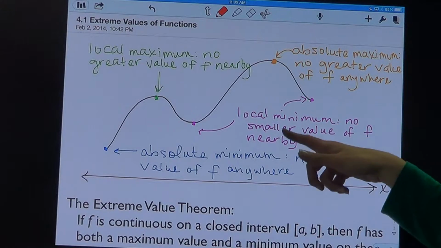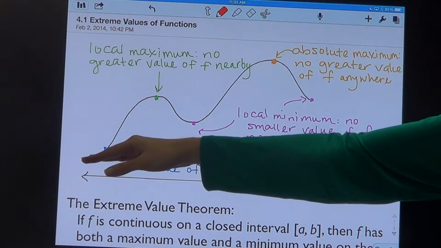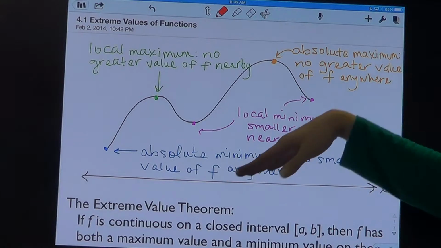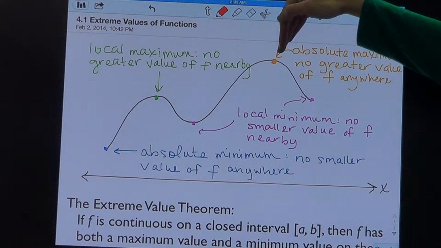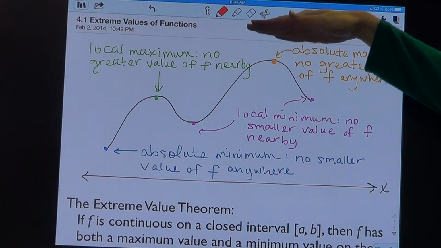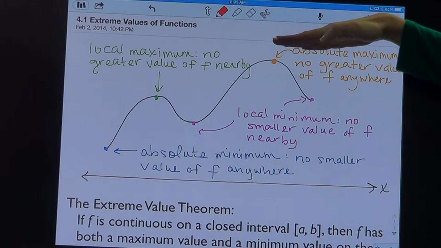So how far up or down it is. So this is the very lowest point, so that's the absolute minimum. There's no smaller value of the function anywhere else. And then up here, the orange is the absolute maximum. That's the very highest point, again, in terms of the y values, and there's no greater value of f anywhere else.